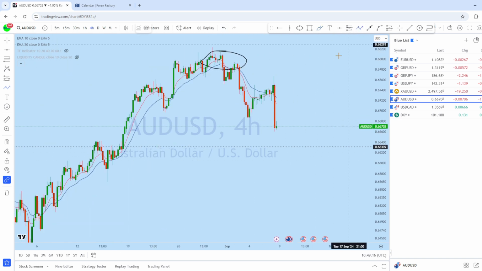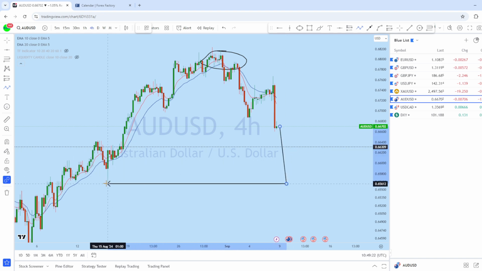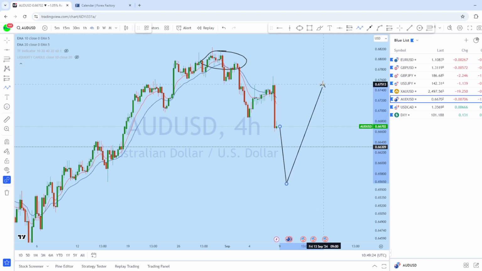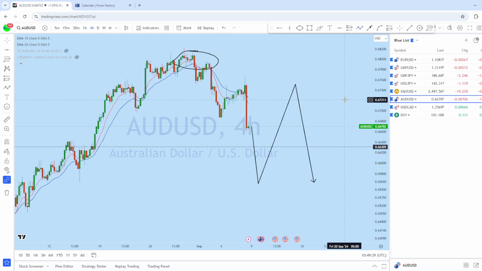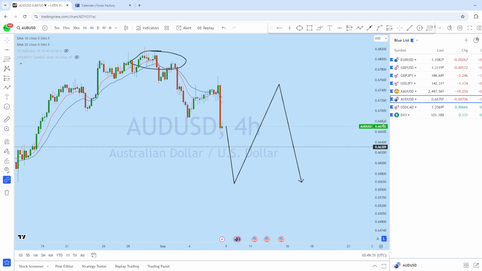So this could also be the wave on AUD/USD to break even to this support level, as there is a long wick candle before it bounced back up. So this could be the wave on AUD/USD in the upcoming week.